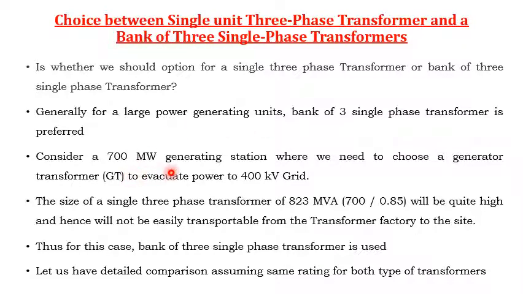Consider a 700 megawatt generating station where we need to choose a generator transformer to evacuate power to a 400 kV grid. In that case, the size of the transformer is 823 MVA, that is 700 megawatt at 0.85 power factor. It will be quite large, and hence not easily transportable from the transformer factory to the site.